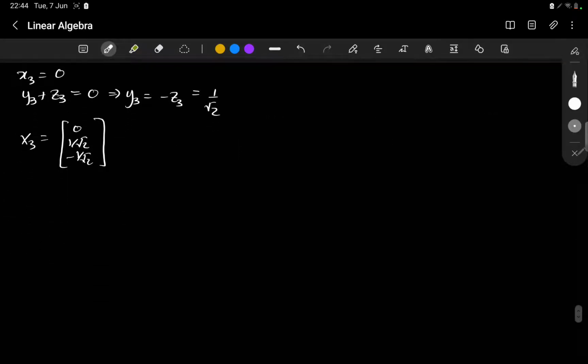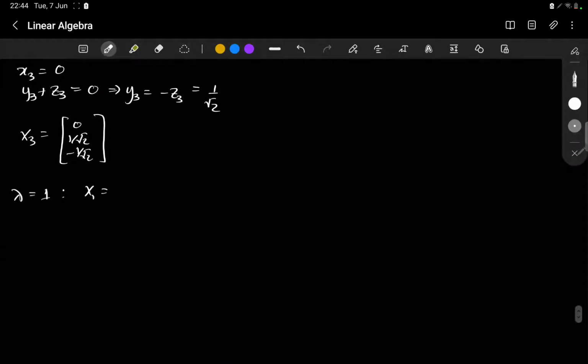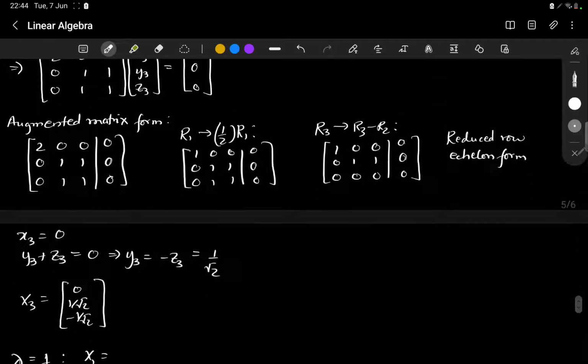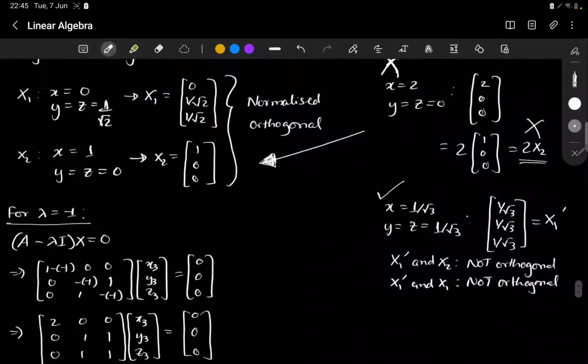So let us write down the final results. So for lambda 1 equal to 1, we get 2 eigenvectors. Let me just check what x2 was.